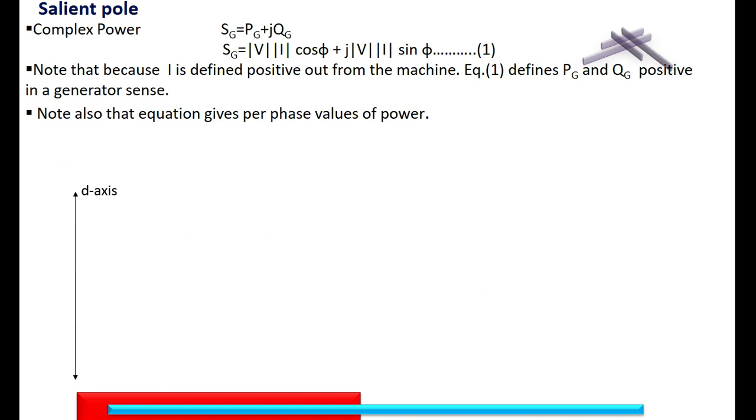Therefore, while representing the salient pole synchronous machine, because of the non-uniform air gap, it is not represented with XS but with XD and XQ, because the reactance along the Q axis and the D axis has different values. Hence there is the concept of two reaction theory or two axis theory, with one the D axis and the other the Q axis. Note that the generated voltage always falls on the Q axis.